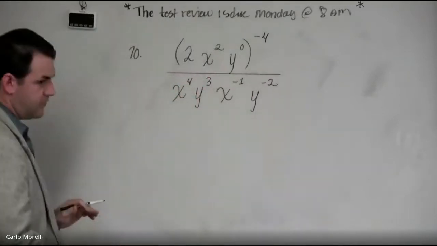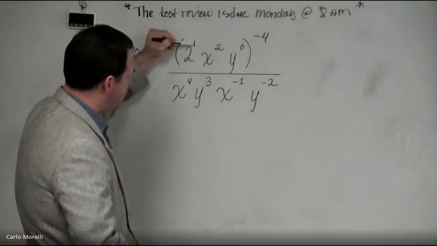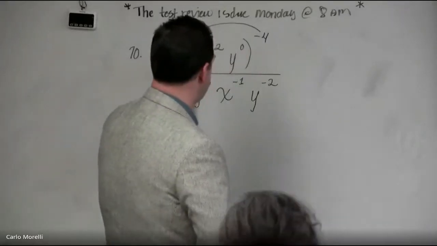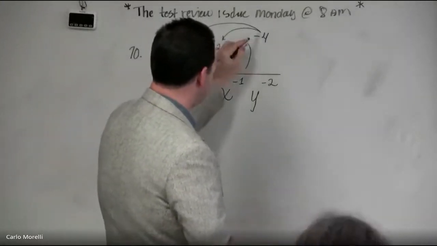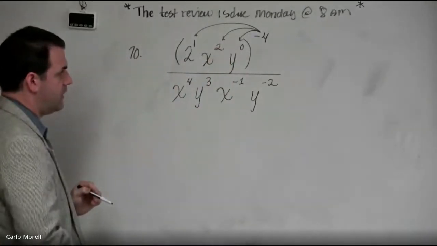Okay, so we'll just take this one bite at a time. Remember your numbers, 2 here has an exponent of 1. So first we're going to distribute and multiply this negative 4 exponent to each of our terms in the numerator there.